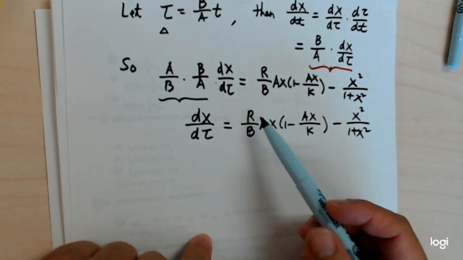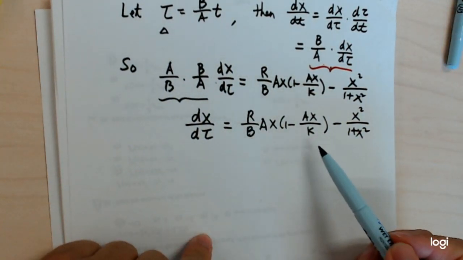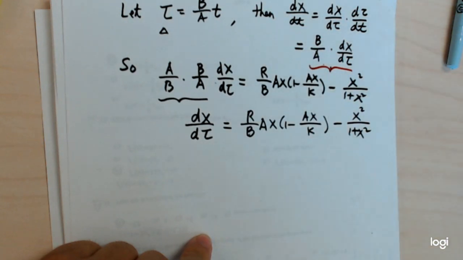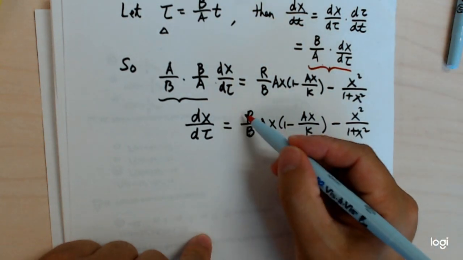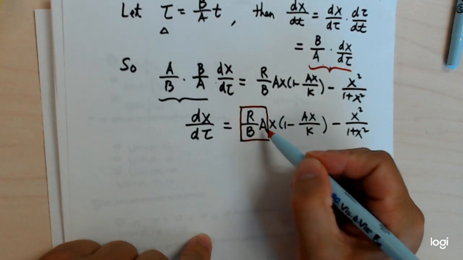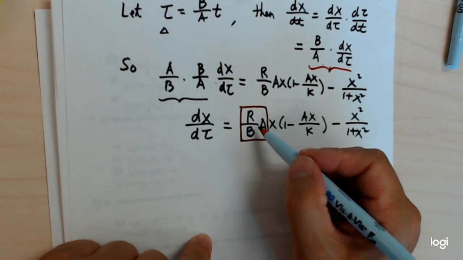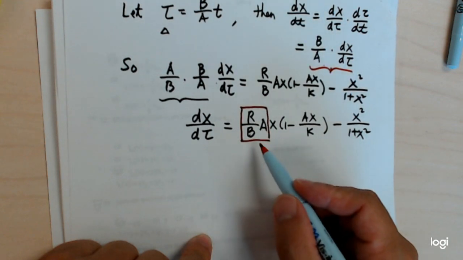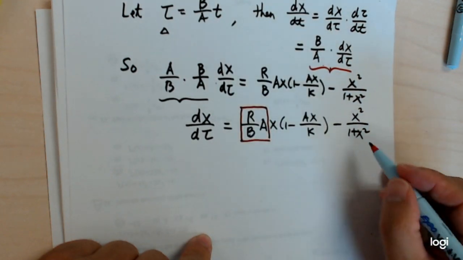So there are still 1, 2, 3, 4, still 4 different parameters in there. But now I can call this whole term, which is r over ba, these are all different parameters from the original equation, we're going to call this r.